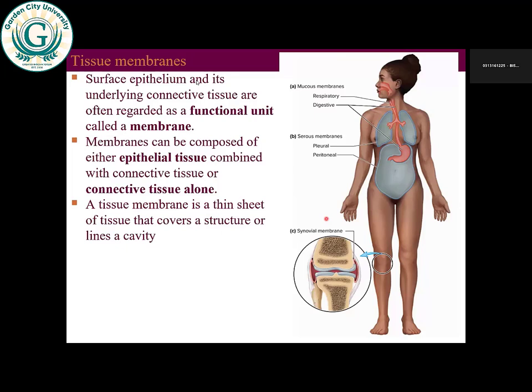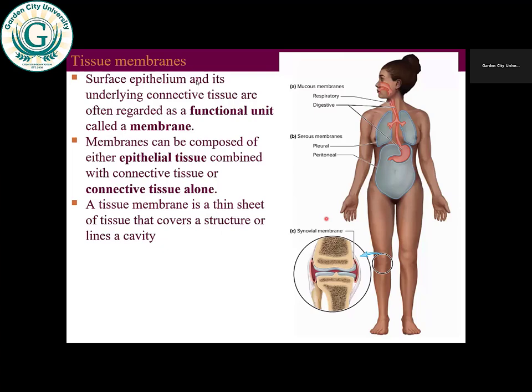I wanted to find out whether the glomerulus is also made up of reticular fiber tissues because of its mesh-like nature. The glomerulus, yes. So it has this reticular connective tissue.